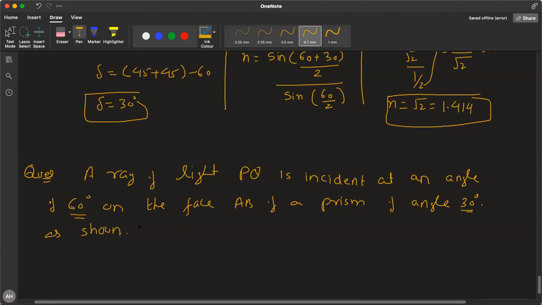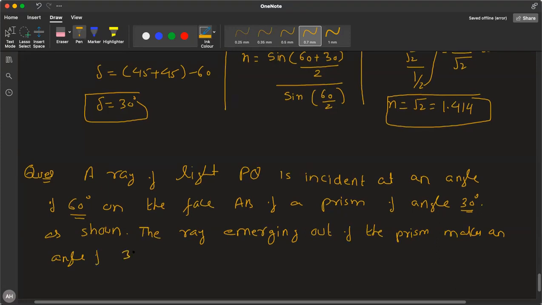The ray emerging out of the prism makes an angle of 30 degrees with the incident ray.